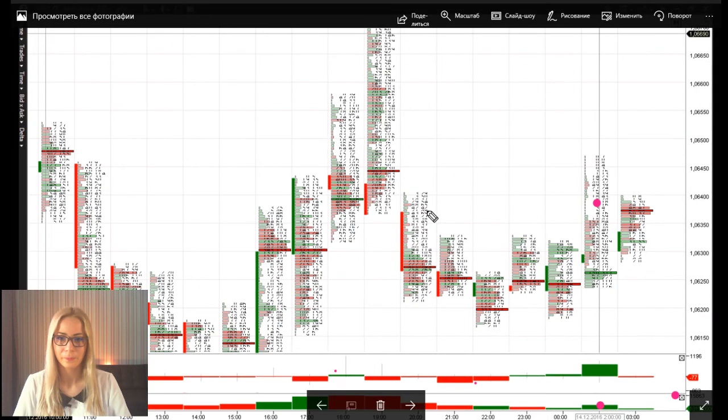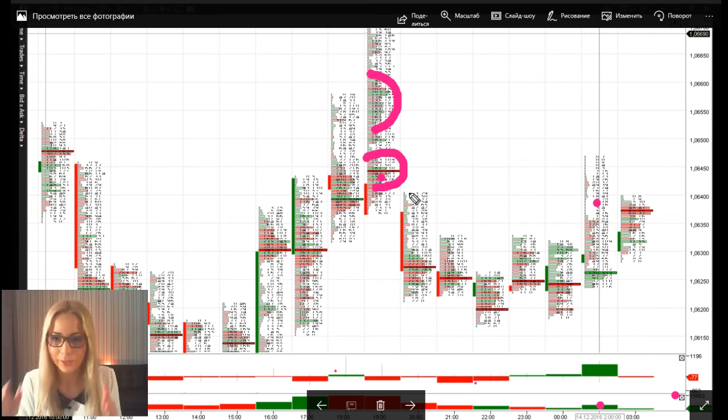Footprint chart. So we can see the same active zone, very active zone here, some actions here, the bigger volume, or the biggest, I don't know how it's right to pronounce. So here is red volume, maximum volume here, and we understand it's our confirmation that we can enter here in this pin bar.